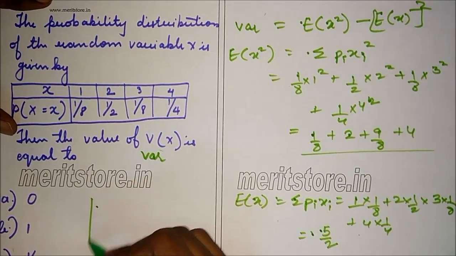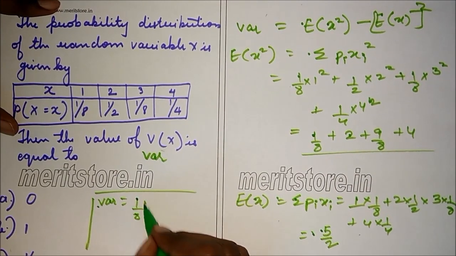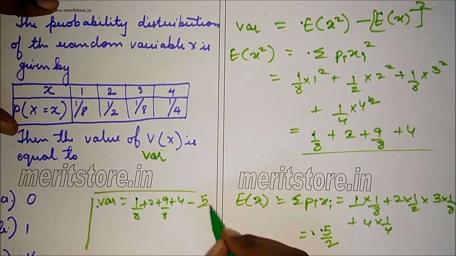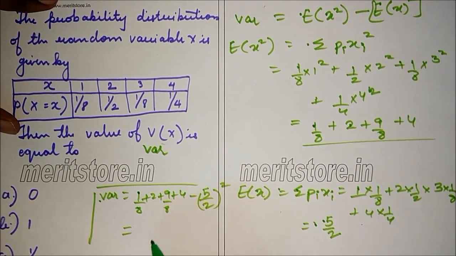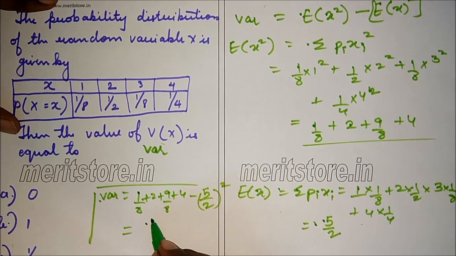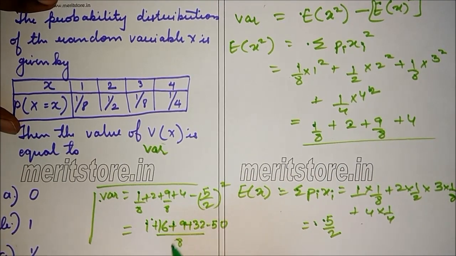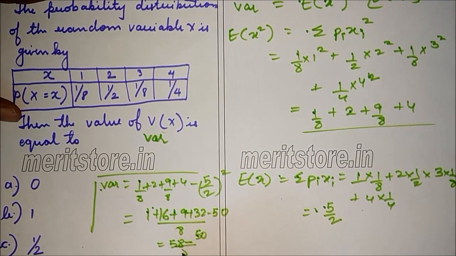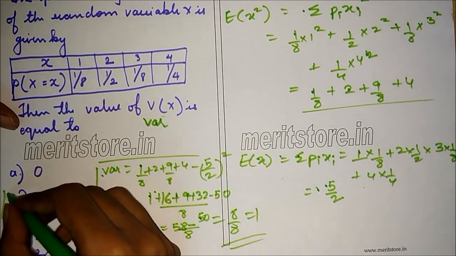So variance is given as 1 by 8 plus 2 plus 9 by 8 plus 4 minus 5 by 2 the whole square. So this will give us the final answer as 1 plus 16 plus 9 plus 32 minus 50 by 8, which is equal to 58 minus 50 by 8, which is equal to 8 by 8, which is 1. So the answer is B, 1.